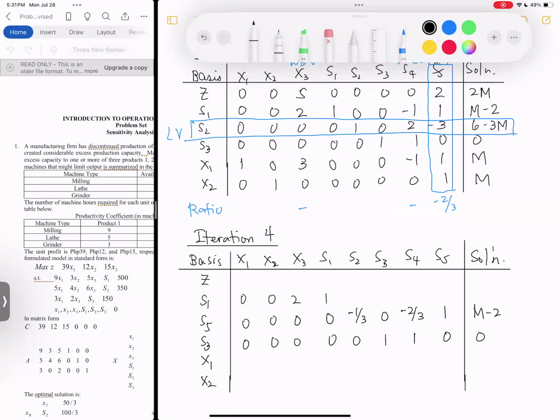Okay. 1/3, 1/3, 0, -1/3, 0. 0, -1/3, 0, -m. So it's still not yet optimal. Okay, next.